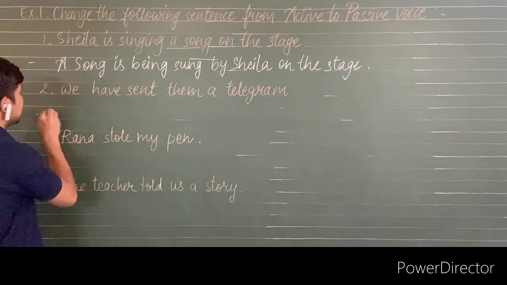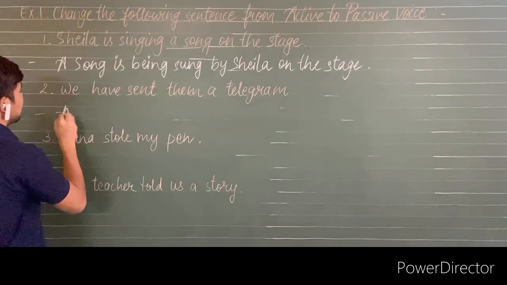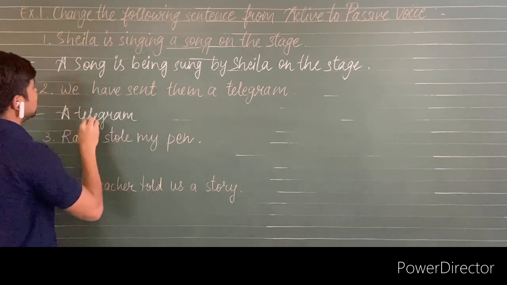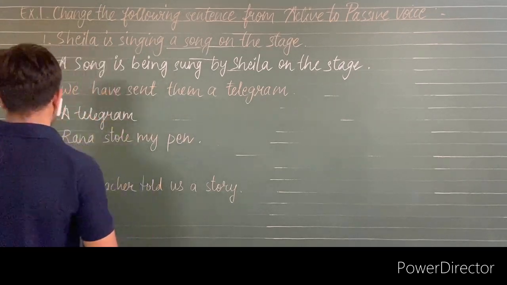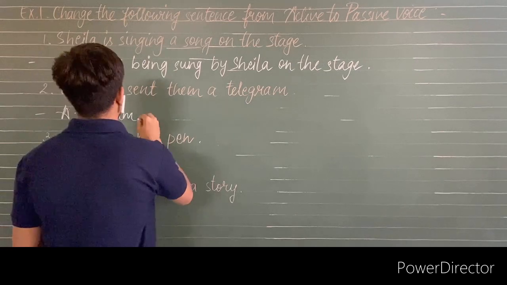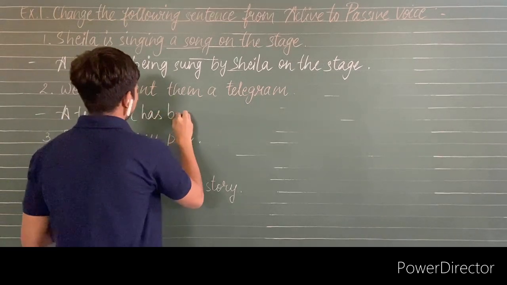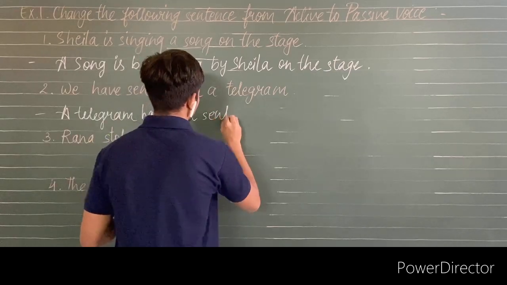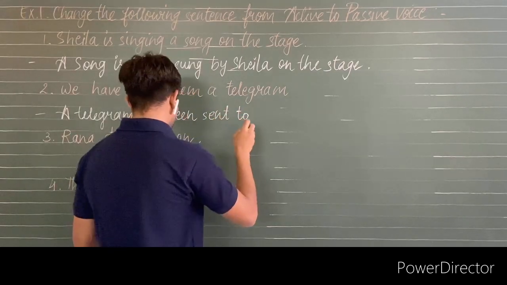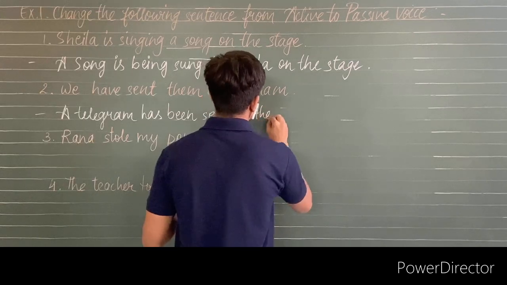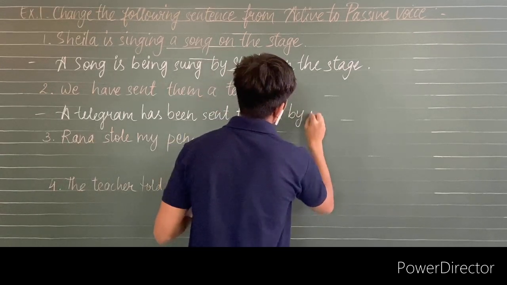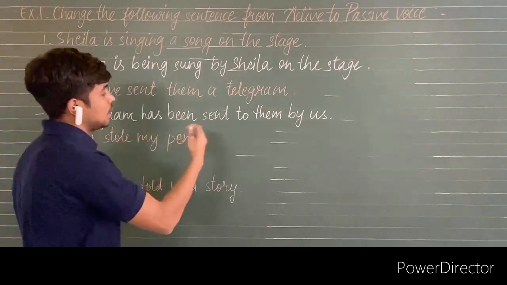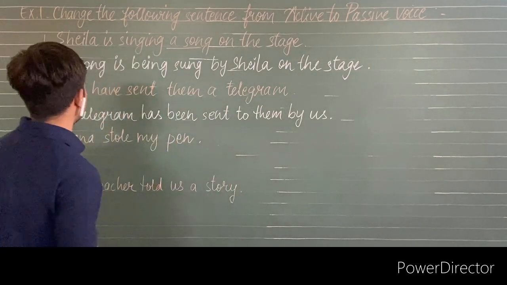So we can write it down like "A telegram has been sent to them by us." So this sentence is correct.